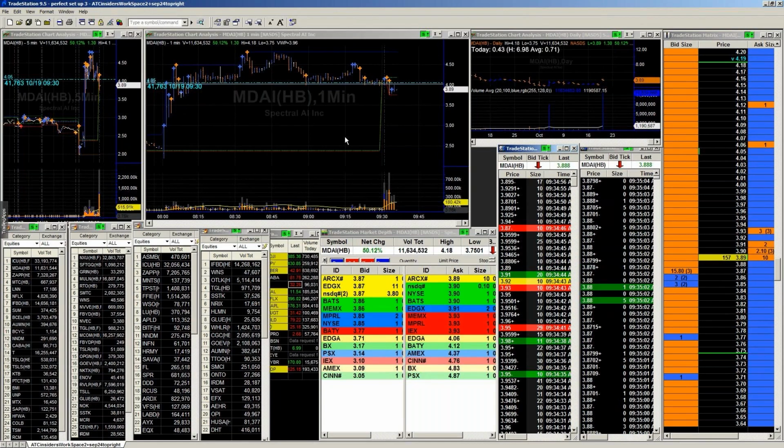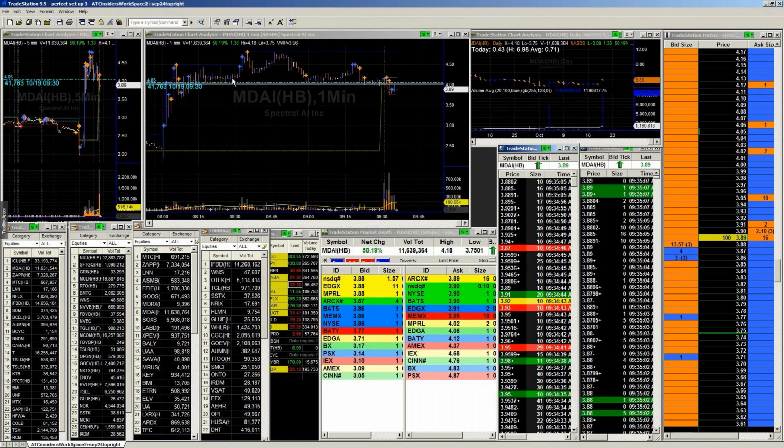Four is not an easy level, but we can see how well respected it was breaking past.